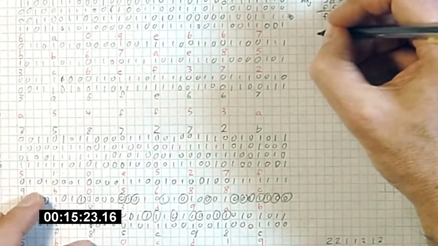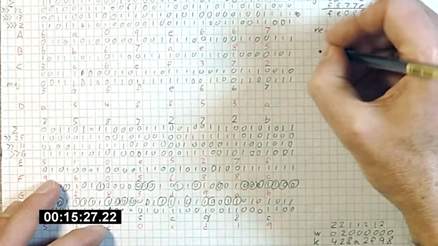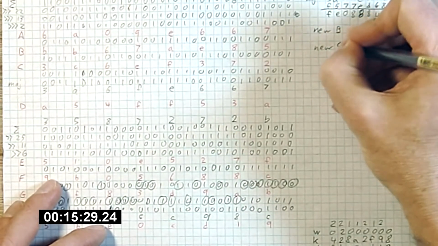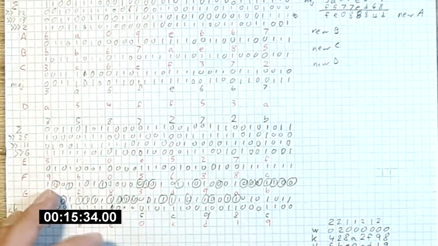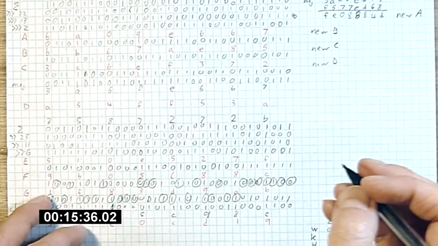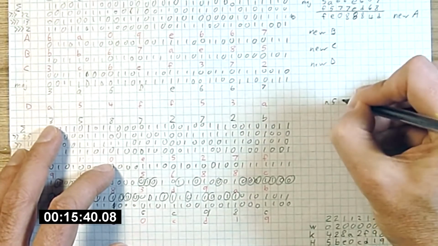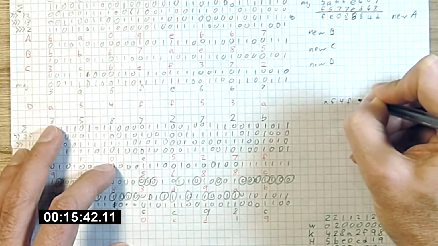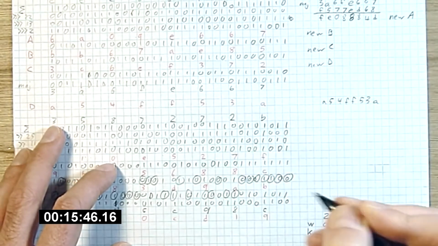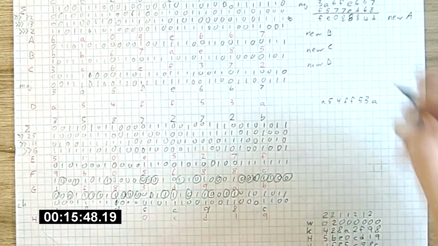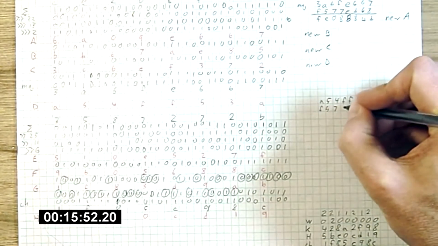Now the new B is simply the old A value. Easy. New C is simply the B value. New D is our old C value. And now to compute our new E value, we're going to take D, which is A54F53A, and we're going to add our previous sum, which was F57.